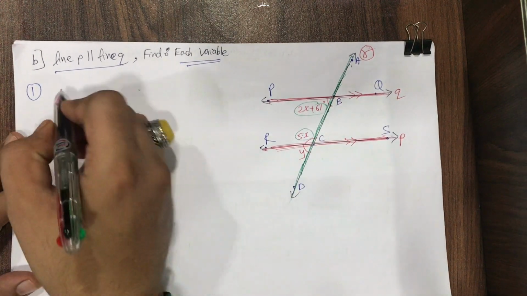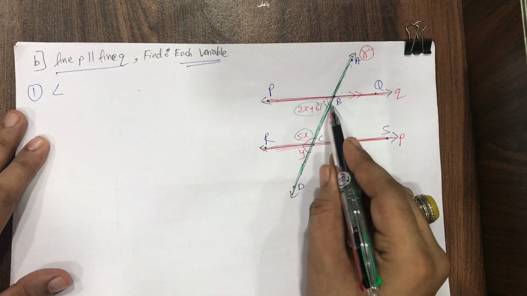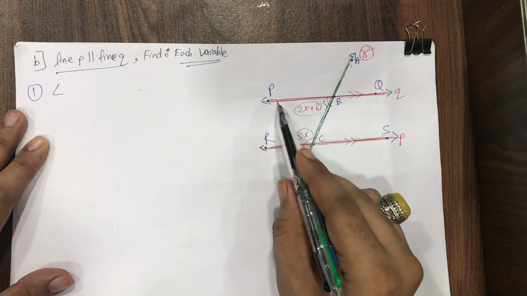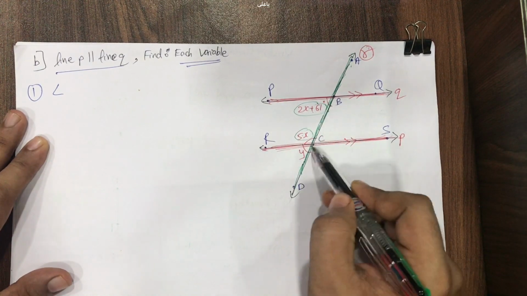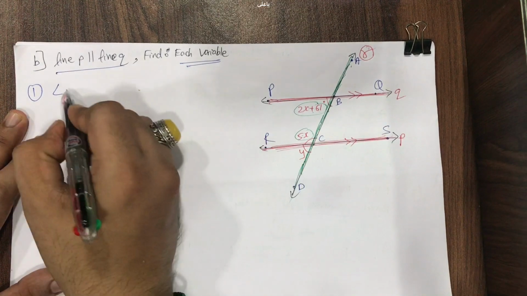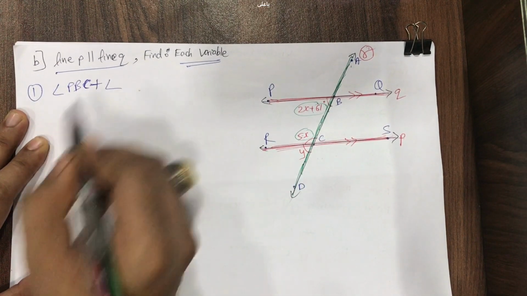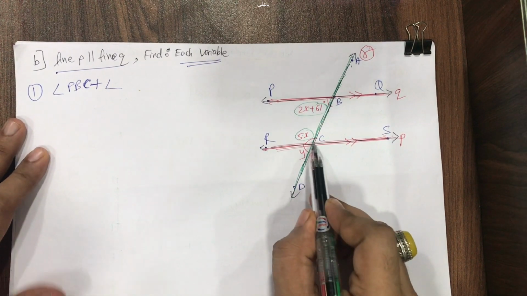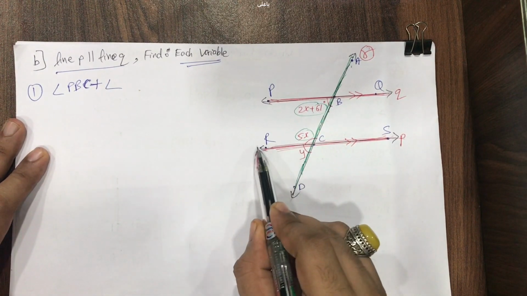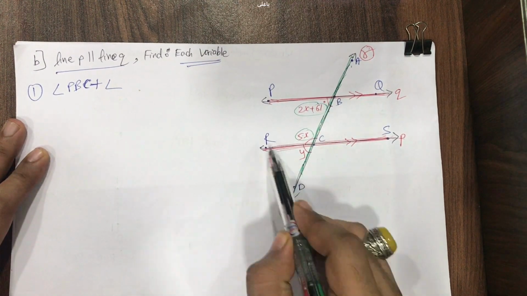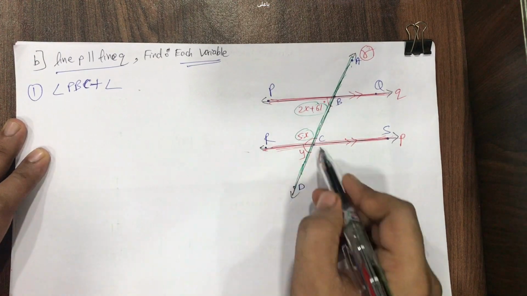I'll say angle. What is the name? You will not write angle B. You have to write the full name. Angle PBC, or you can write CBP. I'll write PBC. Angle PBC plus angle, you should not write angle C, it will be wrong then. You have to write the full name, angle BCR, or you can write angle RCB. I'll write angle RCB.